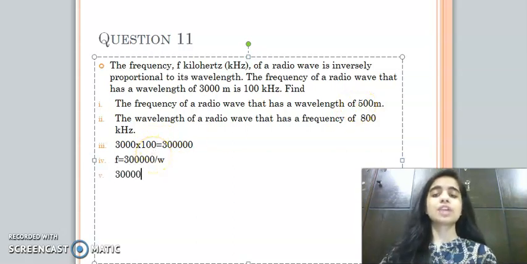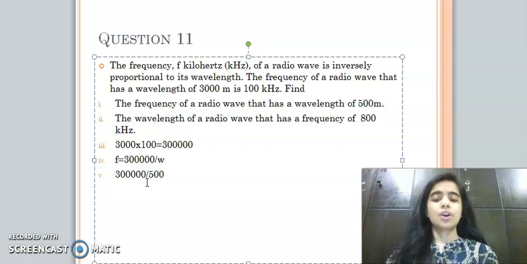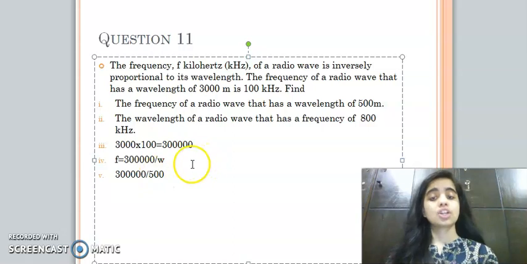So this will be 300,000 divided by 500. These zeros will get cancelled. And what is 300,000 divided by 500? That is 600.